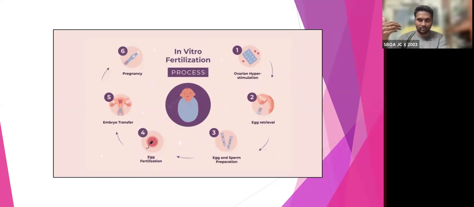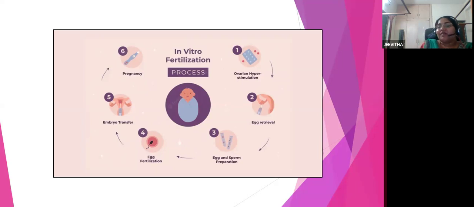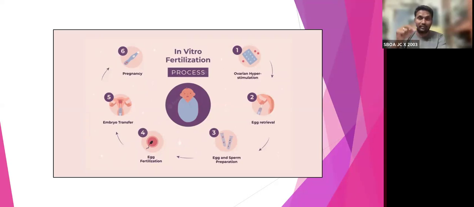God and nature willing, both our cycles were successful in the very first attempt. It was 1 in a million. Both our kids are a miracle in a way, 1 in a million.